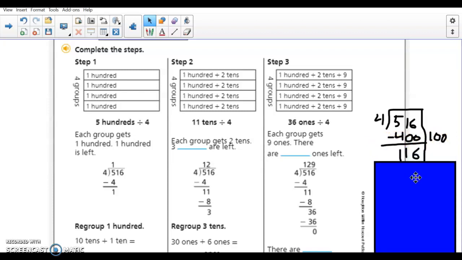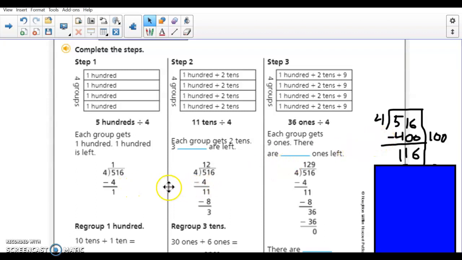That's going to leave us with 116 apples. What they did is they just put their 4 in their hundreds place. They said, well, here's one group of 100. If I have 100 groups of 4, that's going to be 4 in the hundreds, and I didn't put the zeros here, and that's okay. I could have written 400, and that totally would have been fine, but they did the same thing we did.